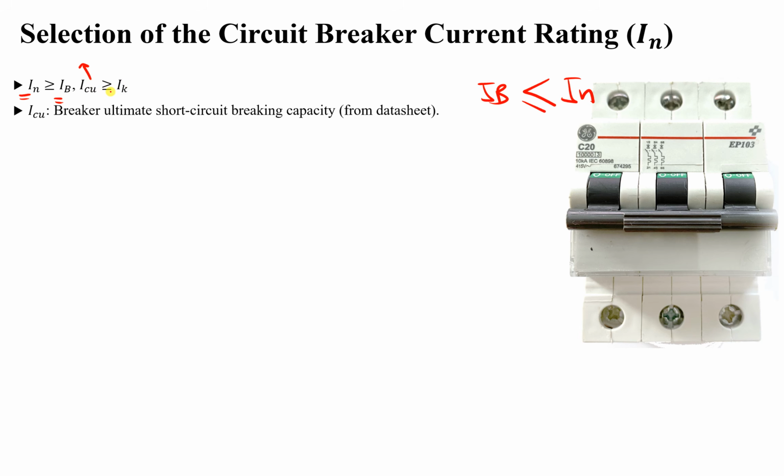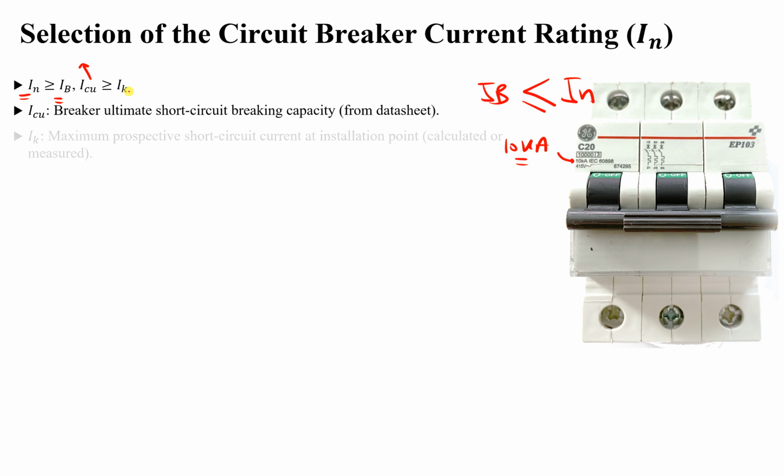So ICU represents the breaker ultimate short circuit breaking capacity, which is obtained from the data sheet or the circuit breaker itself, the maximum short circuit current that the breaker can withstand. As an example, you can see here 10 kiloamperes. This is the maximum short circuit current capacity of our breaker.